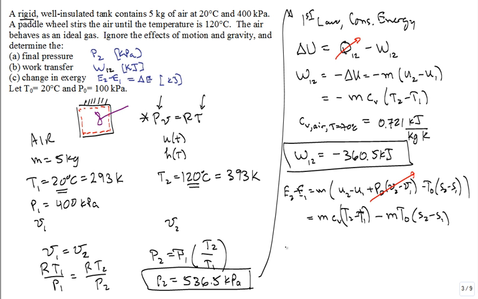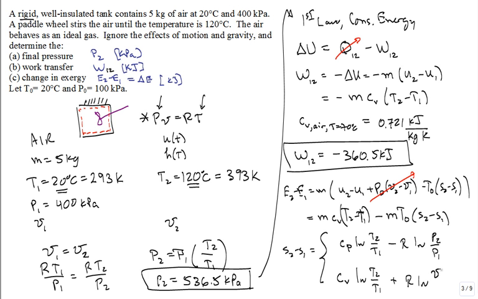So I can say that S2 minus S1 is equal to either one of two equations. Either it's C sub P, natural log of T2 over T1, minus R, natural log of P2 over P1, or it's C sub V, natural log of T2 over T1, plus R, natural log of V2 over V1.